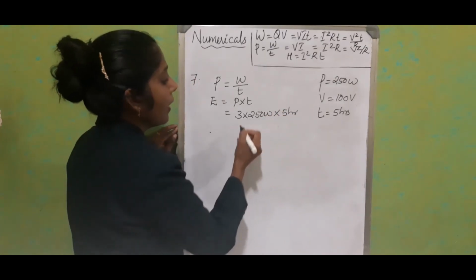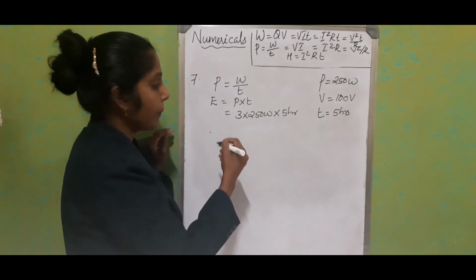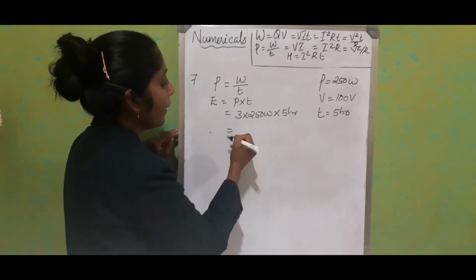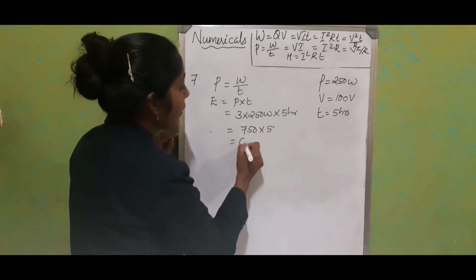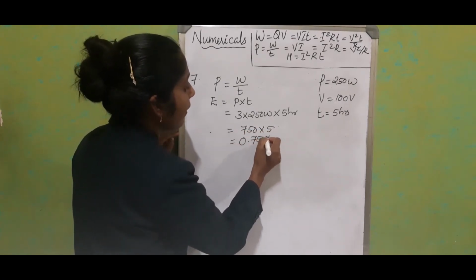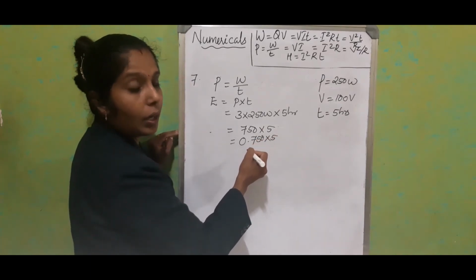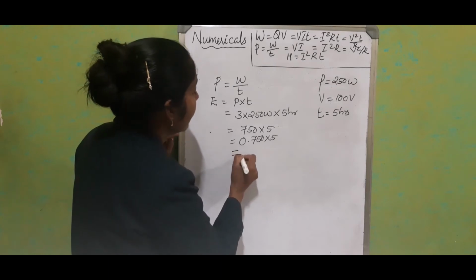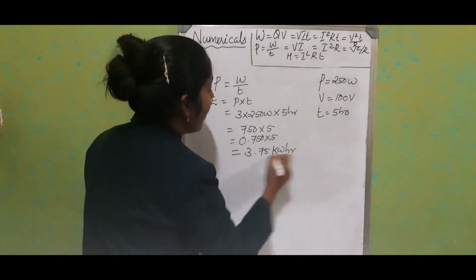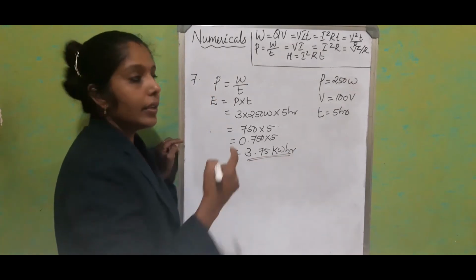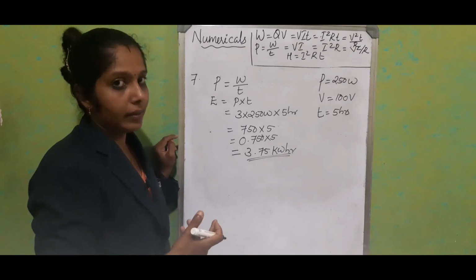We have to convert watt to kilowatt. So 250 into 3 is 750 into 5, or 0.750 into 5. So we converted it into kilowatt hour, and we'll get the answer as 3.75 kilowatt hour. So we just multiply the power and time.